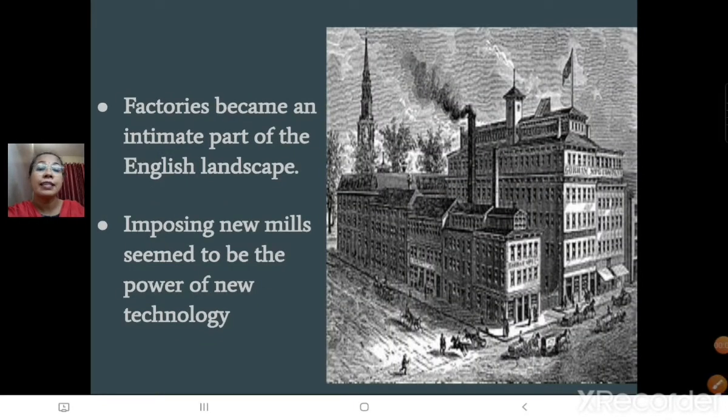During the early 19th century, the factories increasingly became an intimate part of the English landscape. That is, wherever you looked in England, you could find factories everywhere. Therefore, it was visible to everyone that imposing new mills seemed to be the power of new technology.